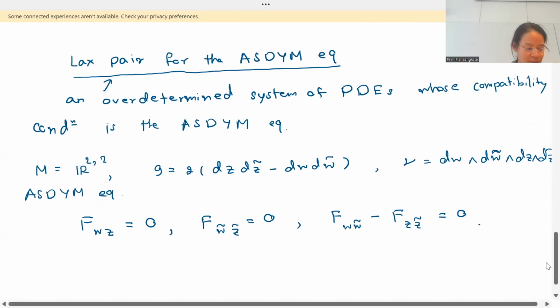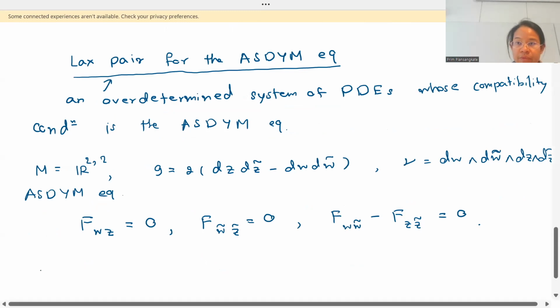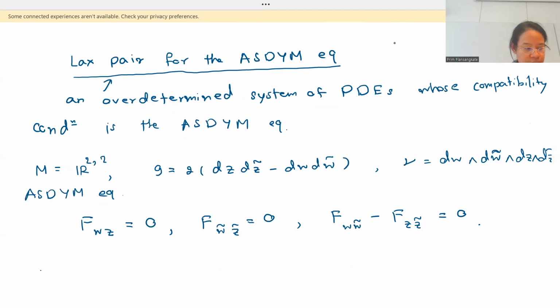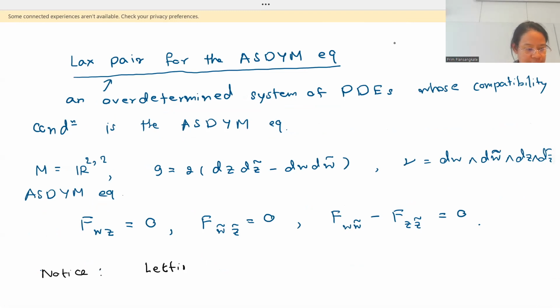To see what they are, we can notice that, letting the symbol D subscript A mean this, the partial derivative with respect to x^A for some coordinate, plus this, the component of the connection 1-form with this x^A.